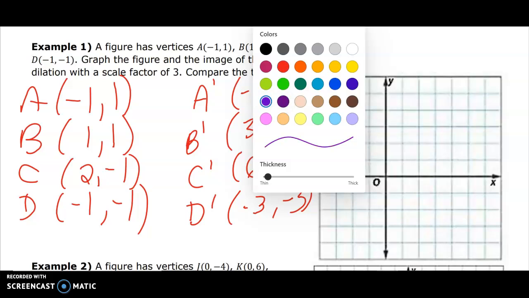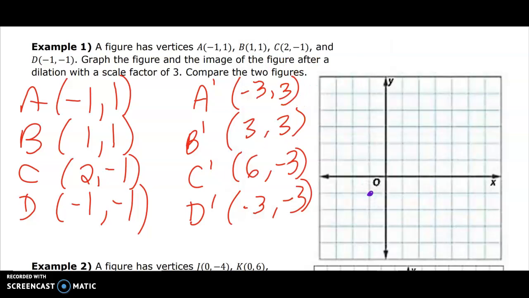Okay, so -1, 1 is right there, and that's my A. 1, 1 is there, and that's my B. And C is 2, -1, and that's my C. And then D is -1, -1, and that's my D. And so, when we are doing that, it becomes a trapezoid from here to here, and here, and here. Trying to do it with my stylus and it doesn't work.